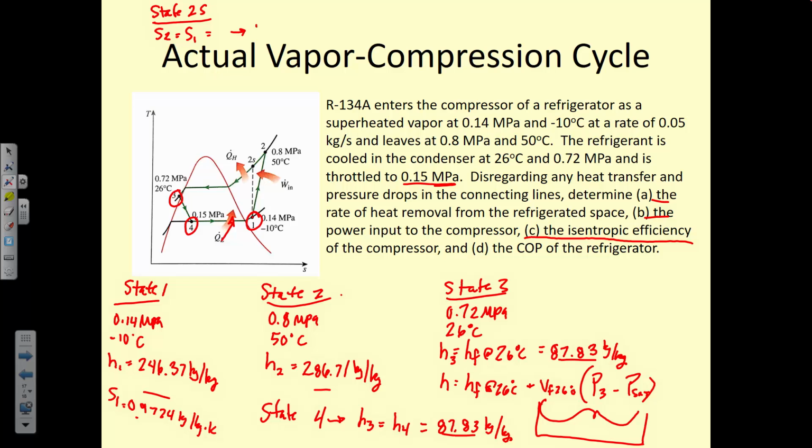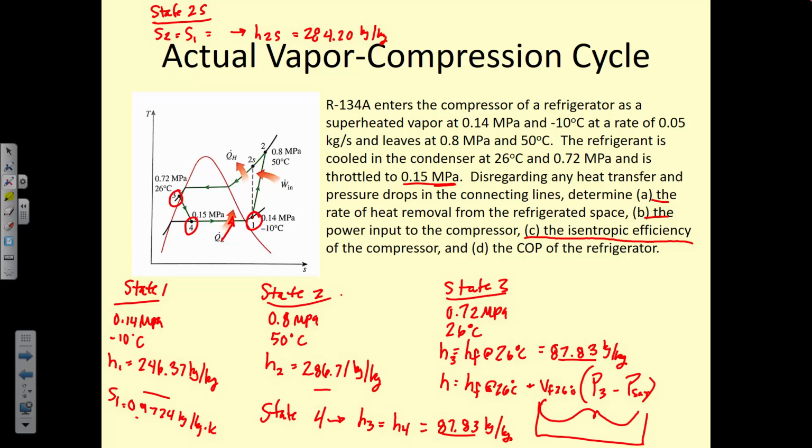So we are able to look up H2S by going to the tables and interpolating using the entropy to find the H2S is equal to 284.20 kilojoules per kilogram.